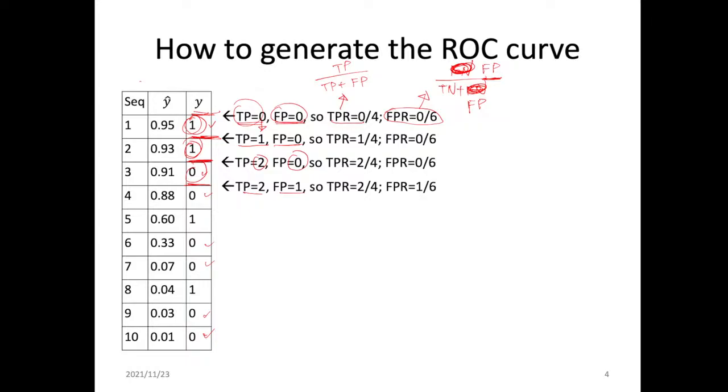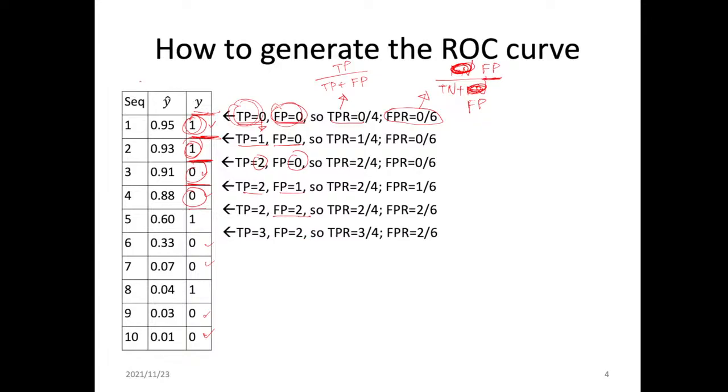So all you need to do is keep track of TP and FP. If I continue to lower the threshold, this one is incorrectly predicted, so FP continues to +1. And further here, this one is successfully predicted, so your TP +1, and so on.